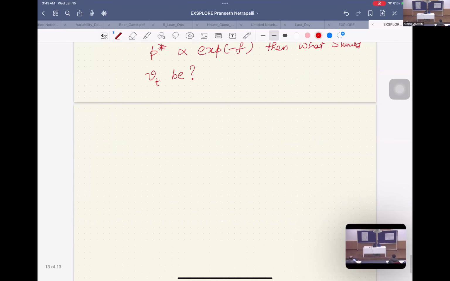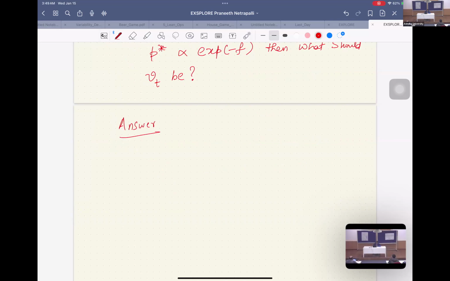It turns out that the answer to this question is vt equal to minus grad f of xt.